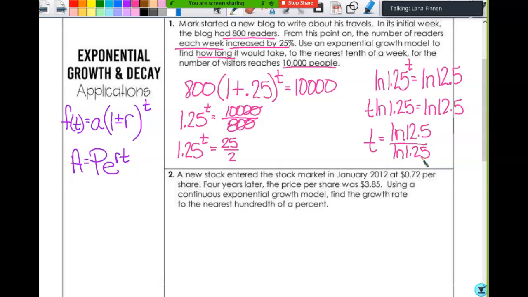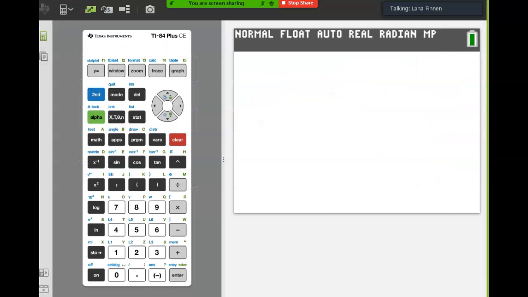All right, so I'm going to show you on this calculator, although I know you've used these calculators a bazillion times, so you know what things look like. In some aspects, the other calculators that I showed you are better just because of the way it types in, but I know that you can type things in correctly. So natural log of 12.5 divided by natural log of 1.25.